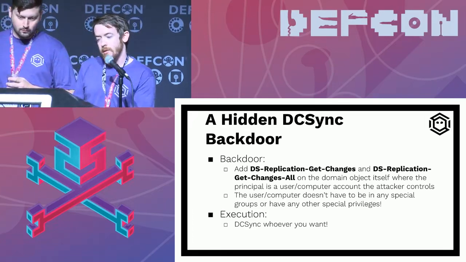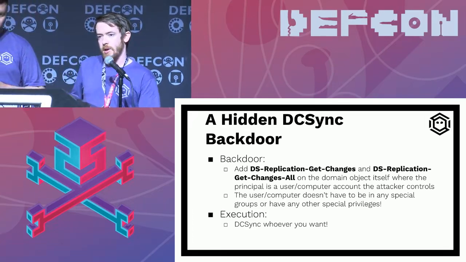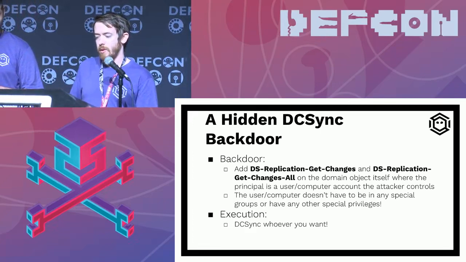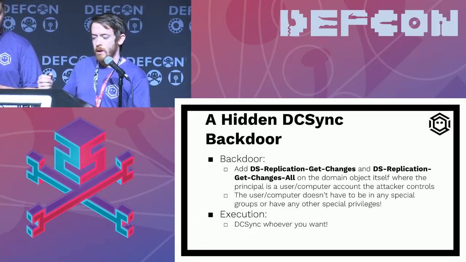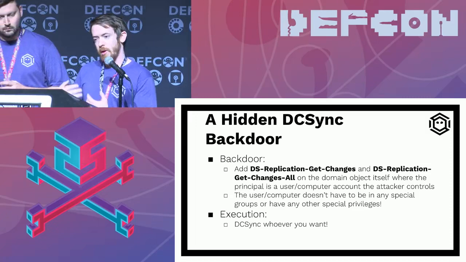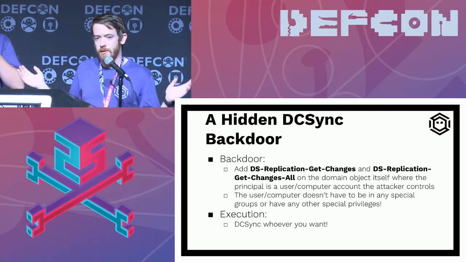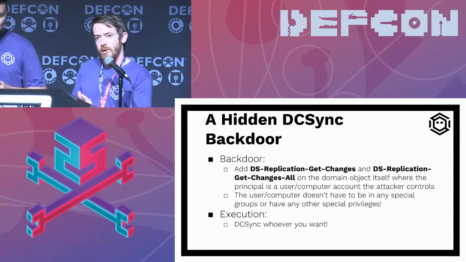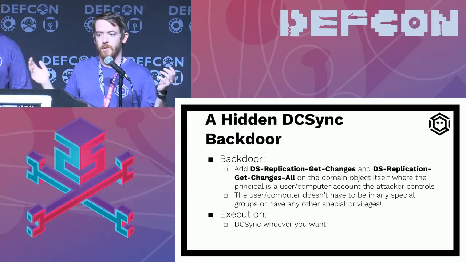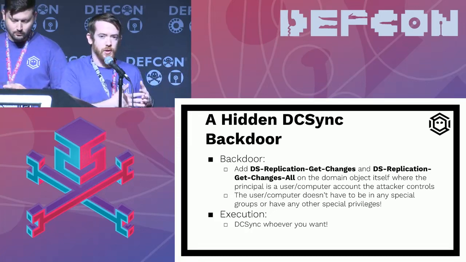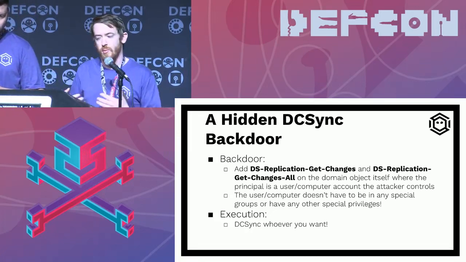So if we manually add DS-Replication-Get-Changes and Replication-Get-Changes-All rights to the domain object, then this user, who's the attacker-controlled user, who's not in any privileged groups, just a stock, newly created user, has the ability to DCSync any user's account forever, unless defenders actually figure out these rights on the domain object and remove them.